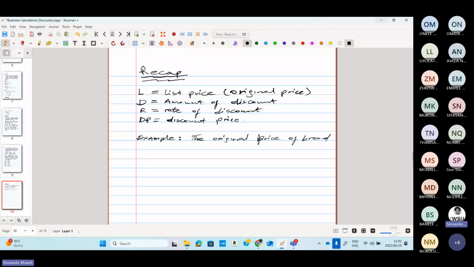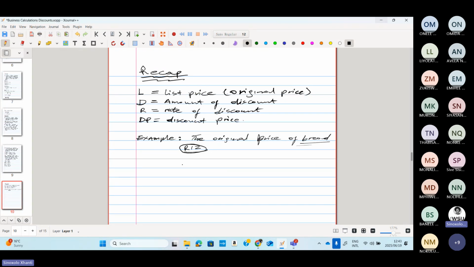Let's say we're dealing with bread here, and this bread has an original price of 12 rand. So when we go to buy bread, you are supposed to be charged 12 rand. This is the price that this bread is usually sold.